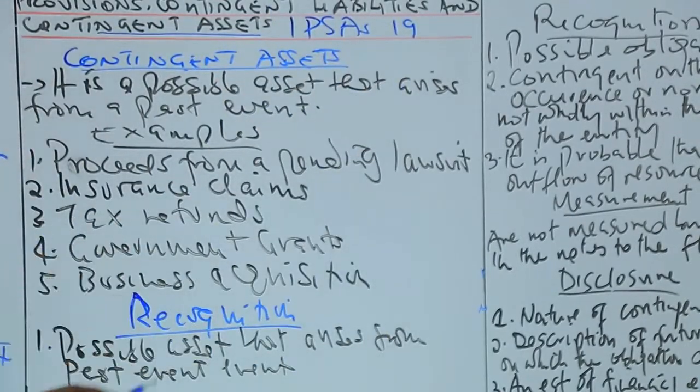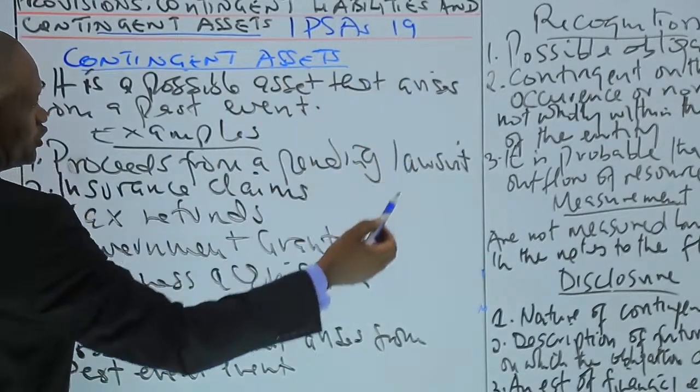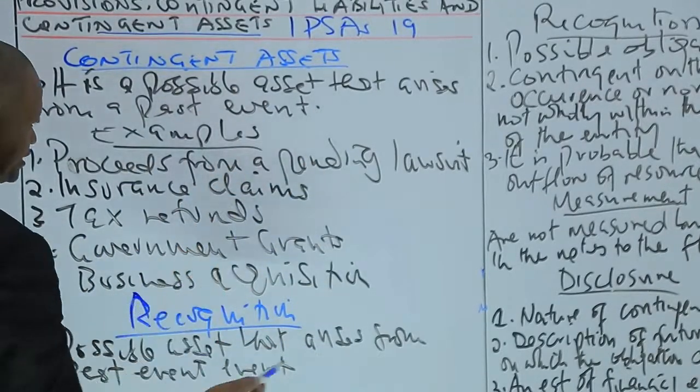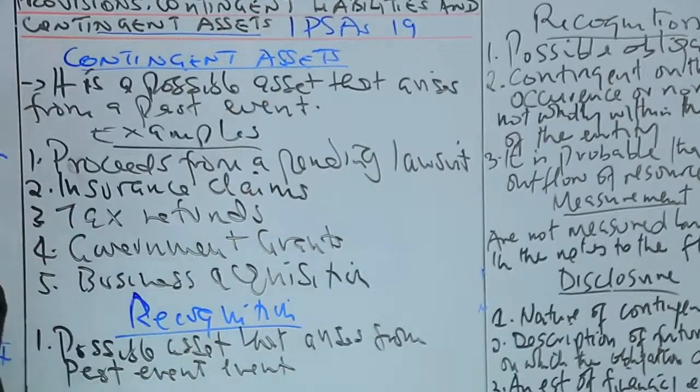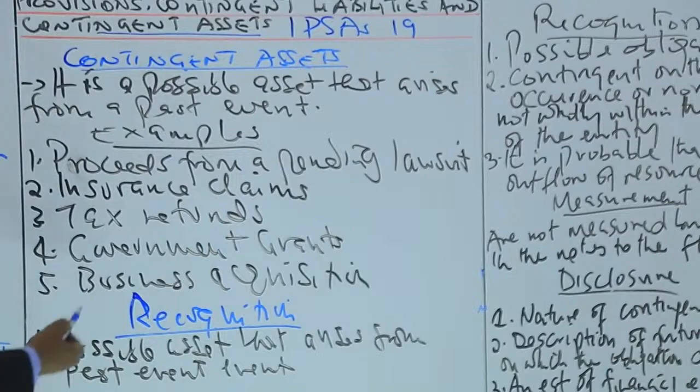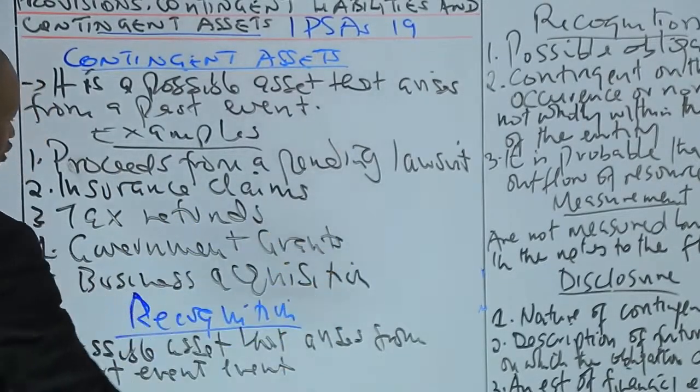At the moment it's not, but the company may win a lawsuit against a competitor, and after winning, then that money, cash, becomes an asset, but in future. Insurance claims is a possible asset. Tax refunds, possible assets.